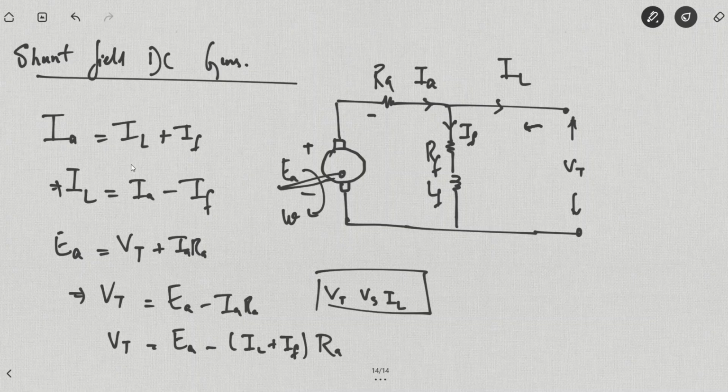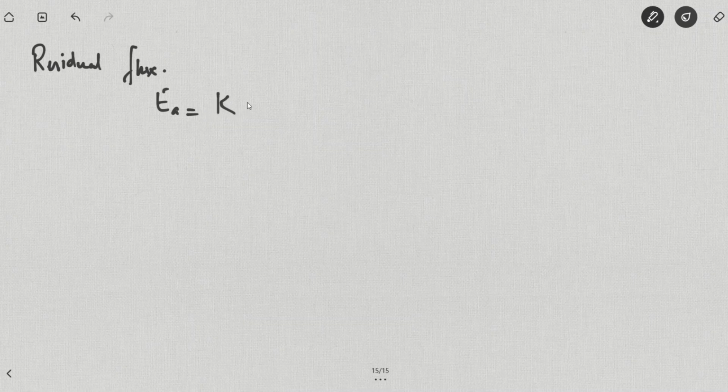Now how do we get that magnetic field? What we see in case of DC generators is that there is some amount of residual flux left over in the field windings. Because of this residual magnetic flux, EA is equal to K phi residual omega.